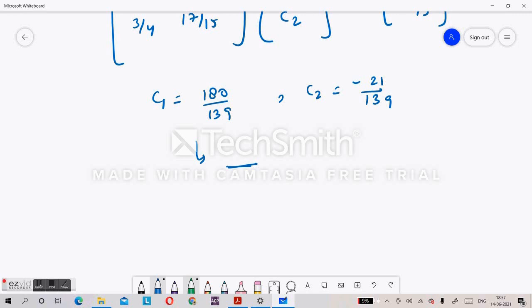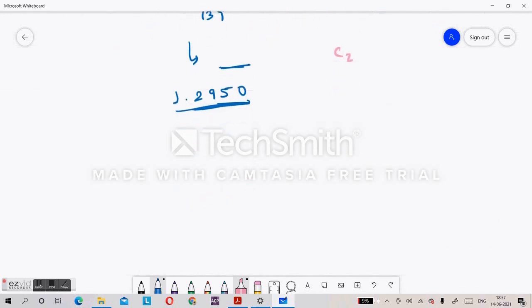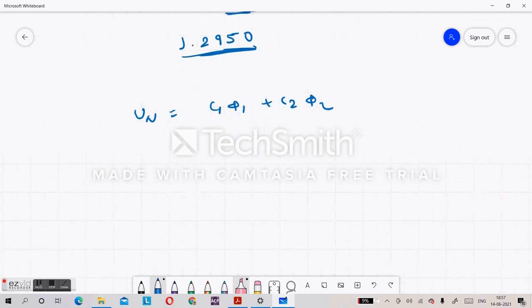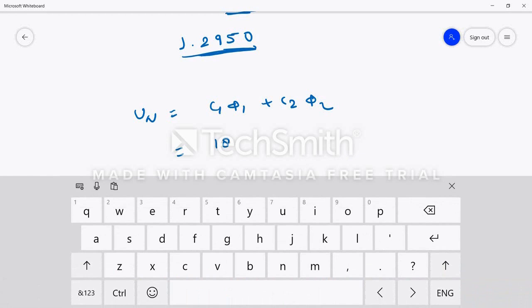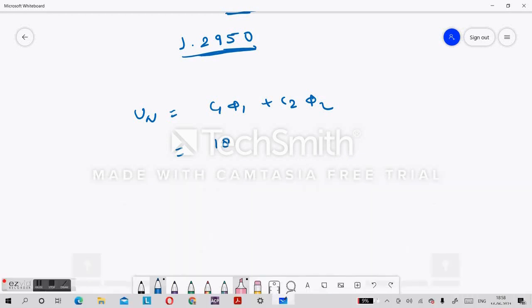So here this value will come out as 1.2950. This much accuracy is required if we want to compare with the exact solution. The exact solution is the one that the examiner will give you, so there's no need to worry about it here. We have to find an approximate solution, and approximate solutions vary from person to person.